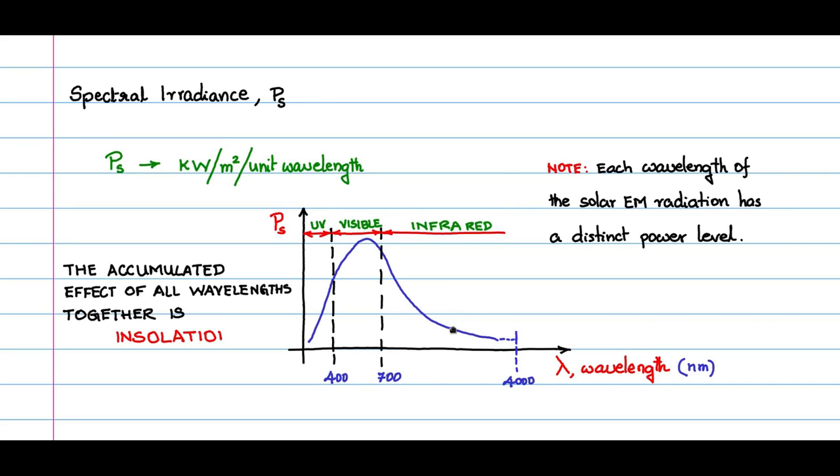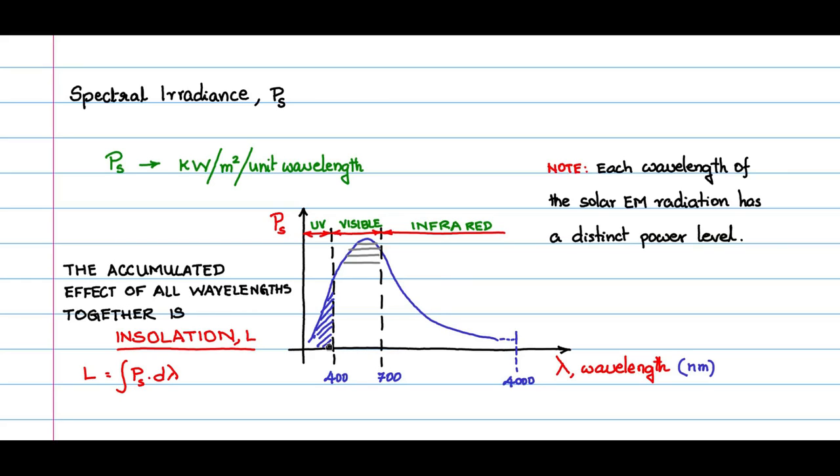insolation, and the insolation is denoted by the symbol L, and L is actually an accumulation of the spectral irradiance, and therefore we can use the integral symbol, the spectral irradiance, integrated with respect to the wavelength parameter lambda. Which basically means that the area under this portion would indicate insolation of the ultraviolet region.